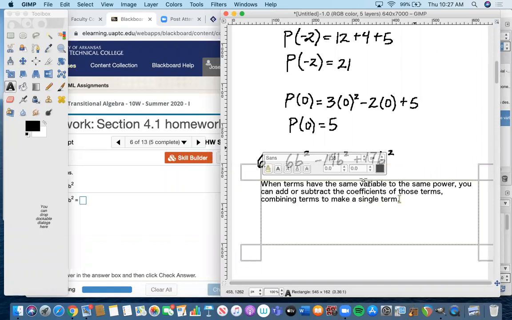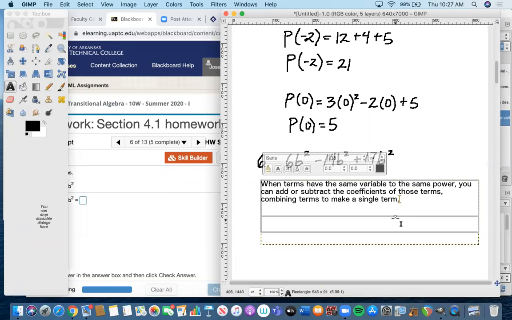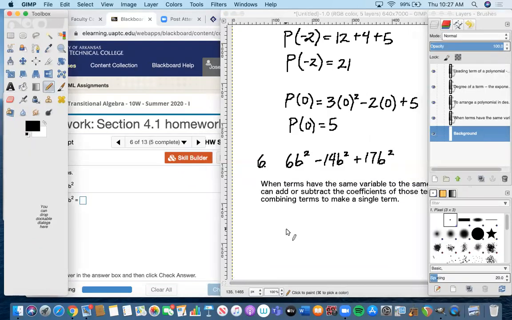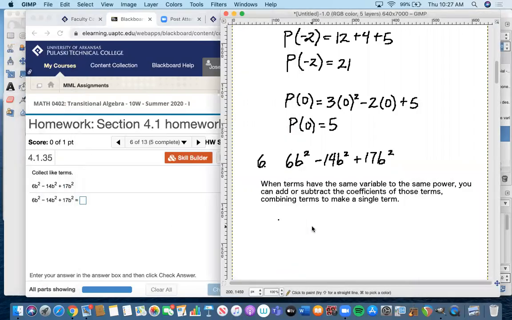In a problem like this one, we're going to end up with a single term. Let me show you what that looks like. We have 6b squared, and these are all like terms because they all have a b squared. They all have the same variable to the same power, so we're going to add or subtract the coefficients.